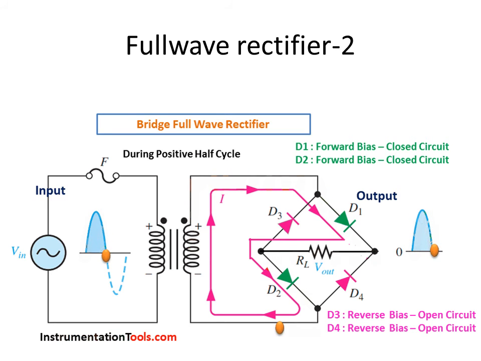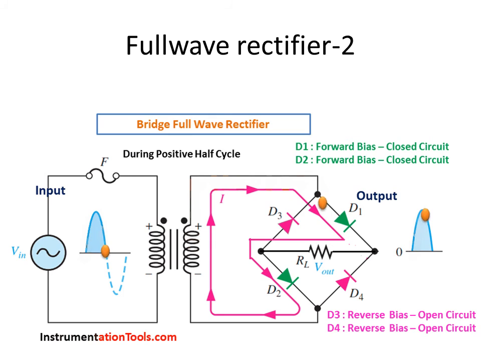That means the entire voltage appearing across the secondary of the transformer will be used both during the positive cycle and negative cycle, and that is one advantage of bridge rectifier. The voltage available will be larger.